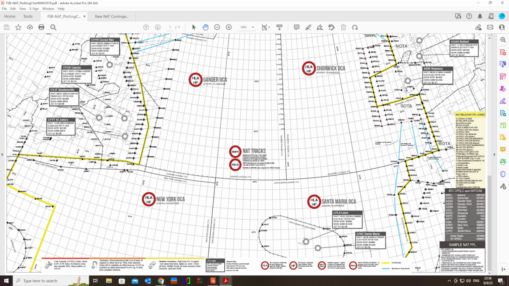Today's topic will be crossing the Atlantic with 120 minutes of ETOPS or EDTO. In some documents, estimated diversion time, it's the same as ETOPS. So basically, we are referring to the same thing. I will show you now a couple of documents.